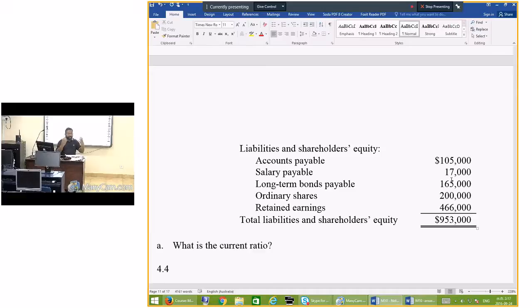What it reflects is how much money is financed by the outsiders out of 953. Accounts payable, salaries payable and long-term bonds are outsiders. 30% outsiders, 70% insiders, inside capital.